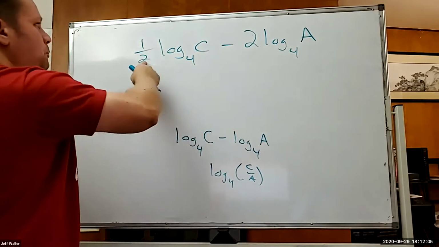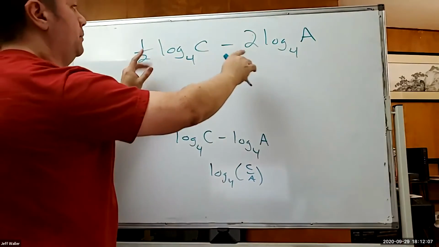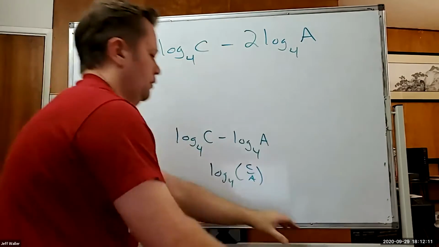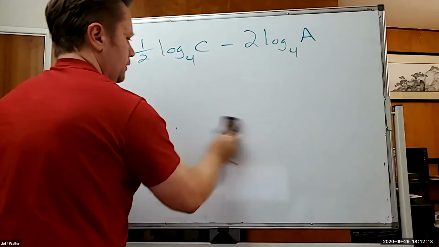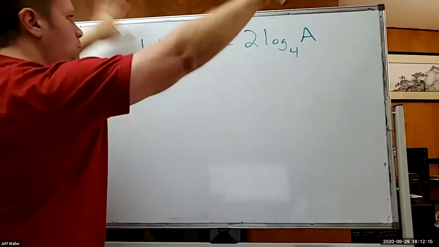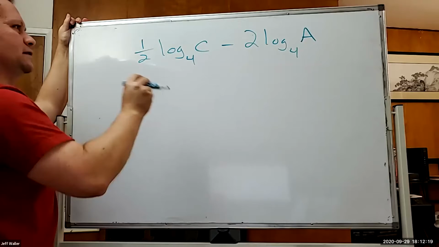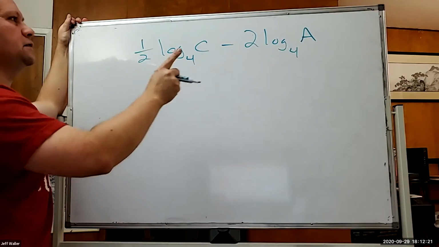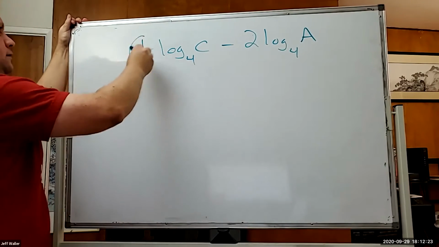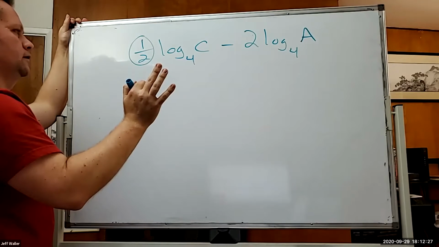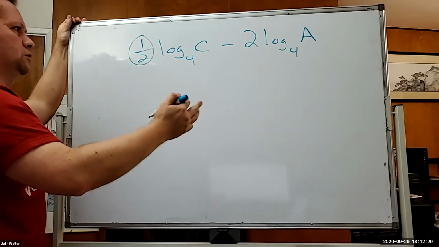The number in front. Coefficients. None of my properties have anything in front of the log. So the first thing I've got to do is get these somewhere else. Whenever I ask this question, I want to know if somebody's thinking: where could I put this to get it out of the way? Where can it go back to?